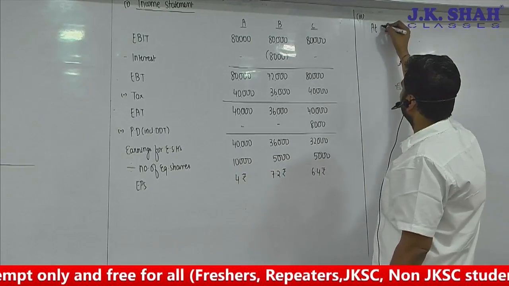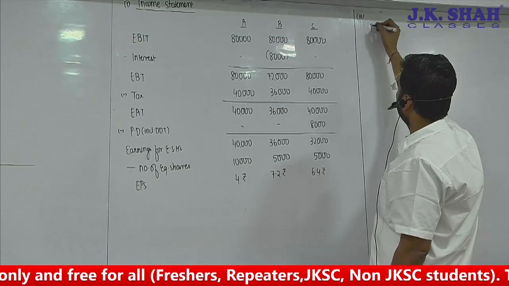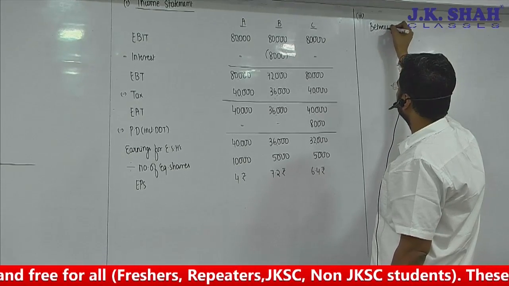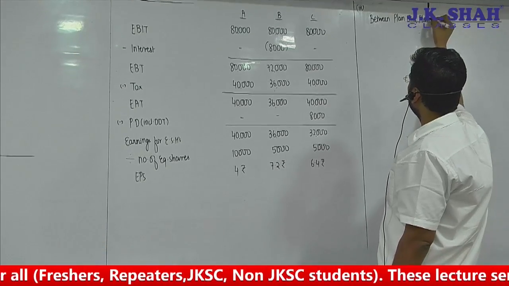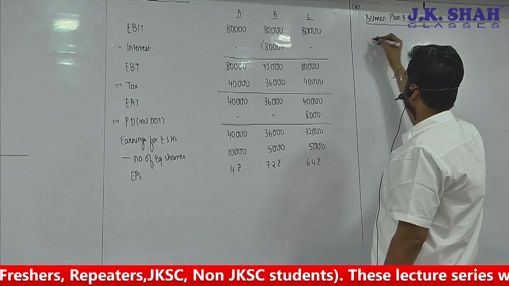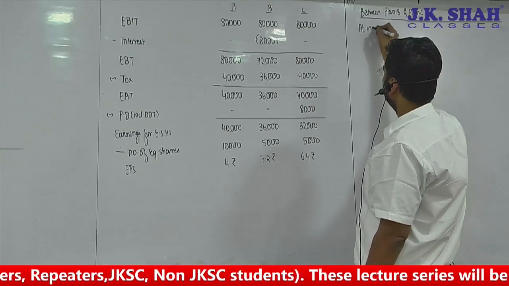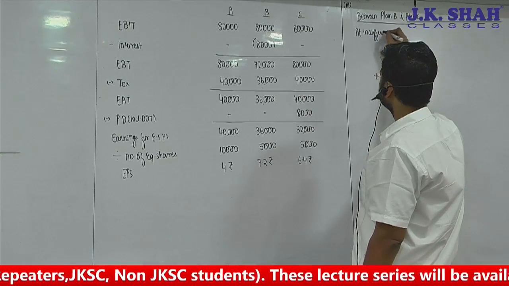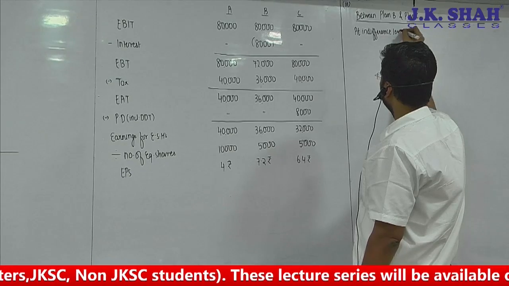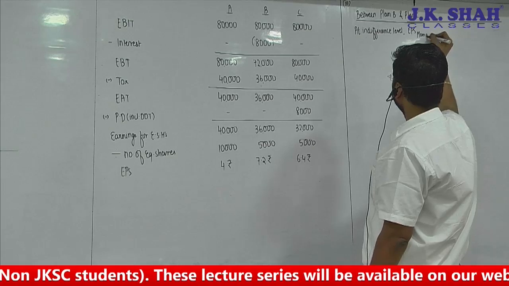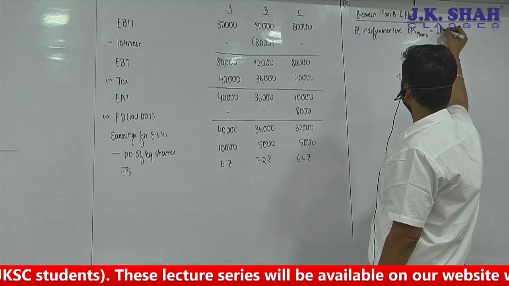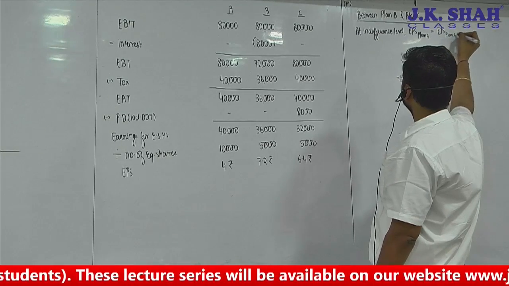So at indifference level, we'll first calculate between plan B and plan C. At indifference level, what happens? EPS of plan B would become equal to EPS of plan C.